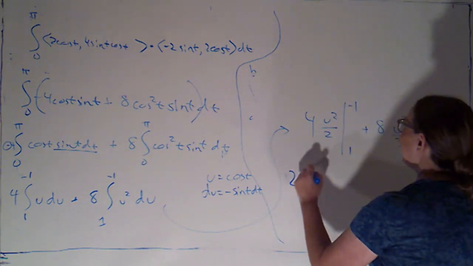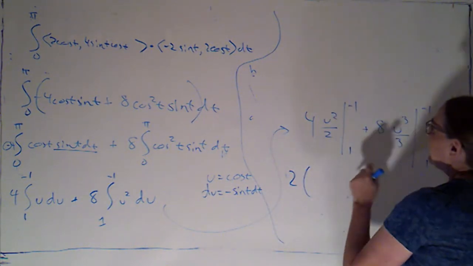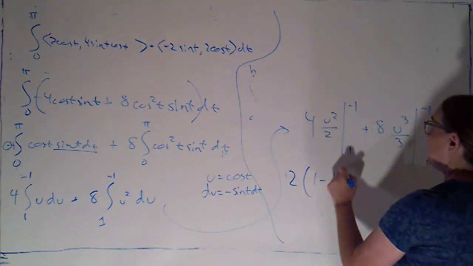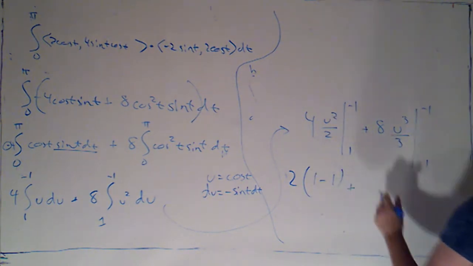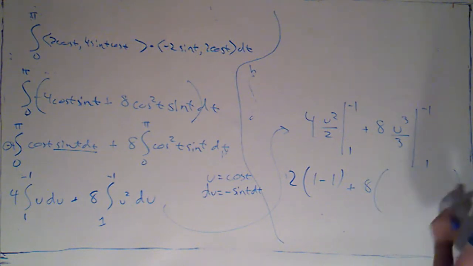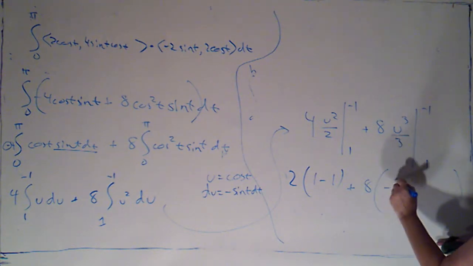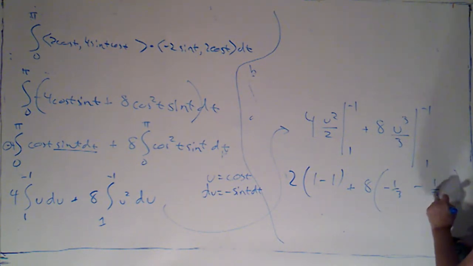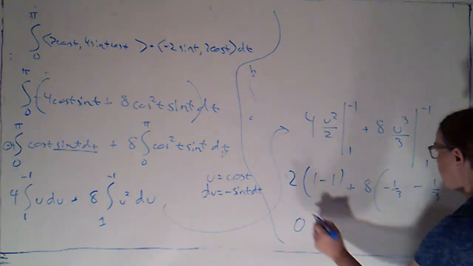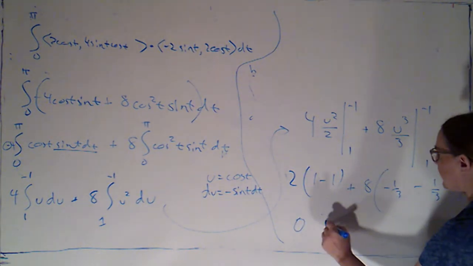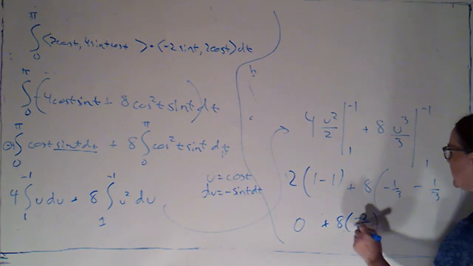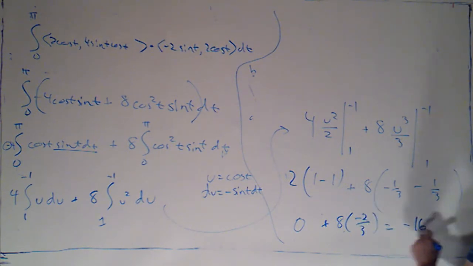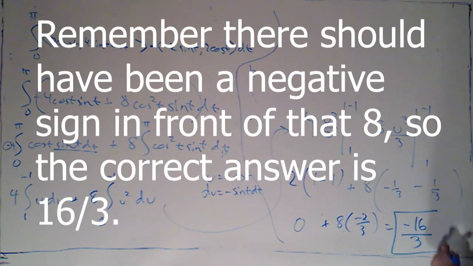That's going to be 2 copies of, let's see, 1 minus 1, plus 8 copies of, I'm going to get negative 1/3 minus 1/3. So I'm getting 0 plus 8 times a negative 2/3, which is going to give me a negative 16/3.